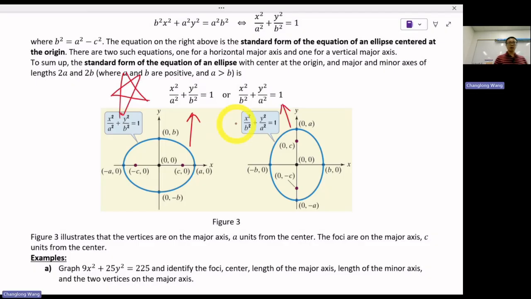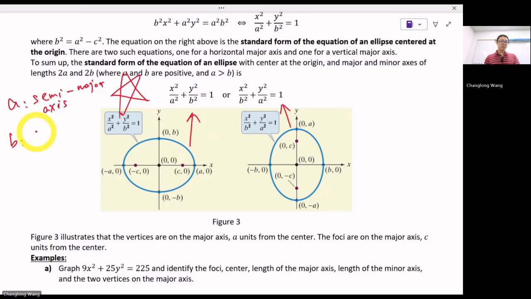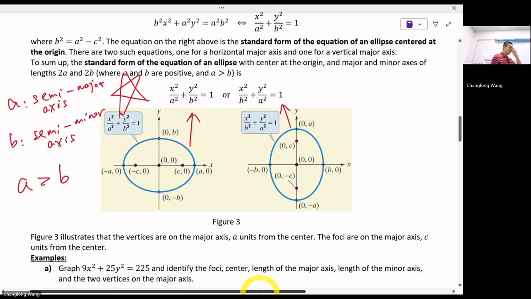Therefore, we call a the semi-major axis, and b the semi-minor axis. And since we call them major, minor axis, or semi-major, semi-minor, a is guaranteed to be greater than b.